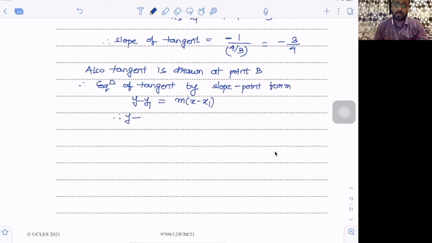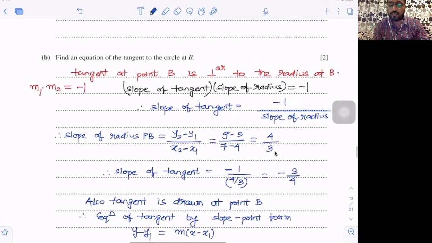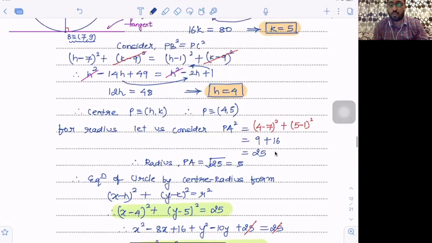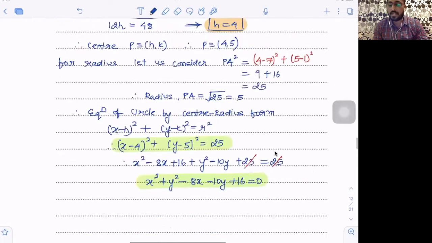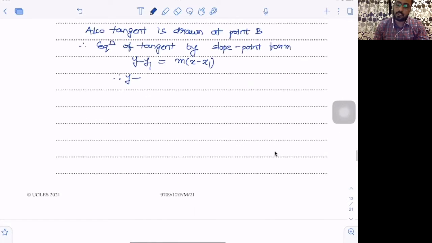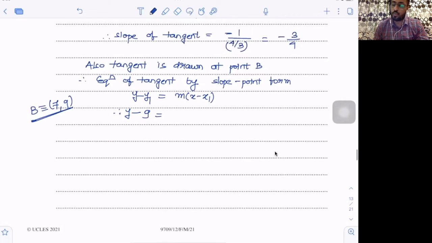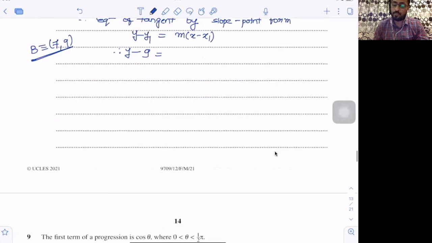So I get y minus... what were the coordinates of point B? Let's go back here. The coordinates of point B were 7, 9. So y minus 9 is equal to, what's the slope? Slope is minus 3 upon 4, times x minus x1.